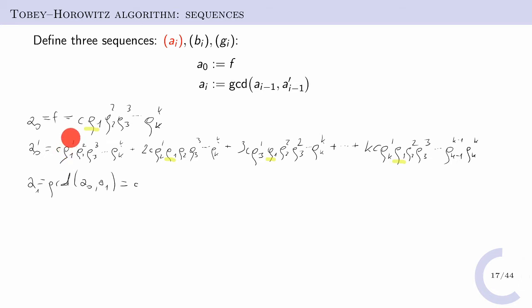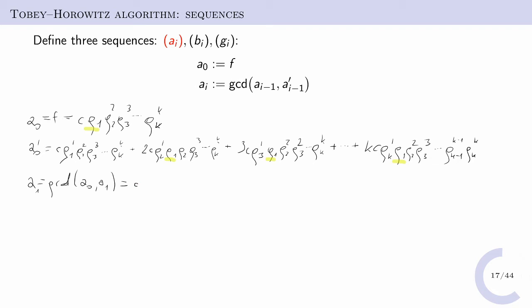So g1 and g1 prime are relatively prime. G1 and gi for any i greater than 1 are relatively prime because they were relatively prime from the very beginning. So this whole product is not divisible by g1. All these products here are divisible by g1, but this product is not divisible by g1. So the whole sum is not divisible by g1. So we do not have g1 here.